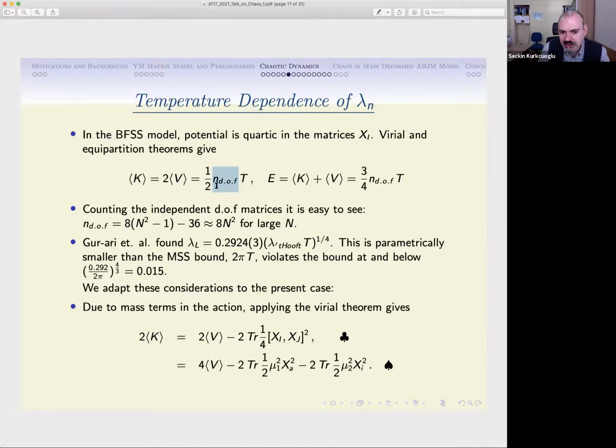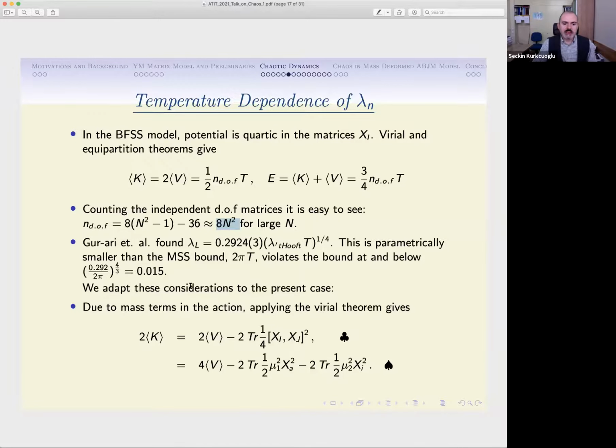N has nothing to do with the small n. This is the number of degrees of freedom which one has to count from the matrix model. And this is not a difficult thing. You have to take into account the Gauss law constraint and everything. But at large N, in the pure BFSS model, this count is 8N squared.